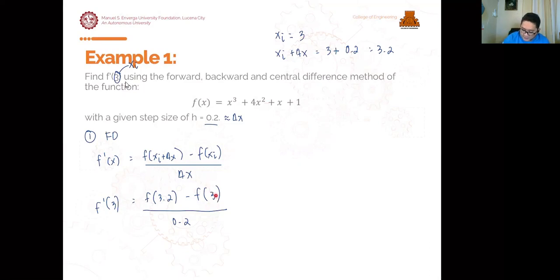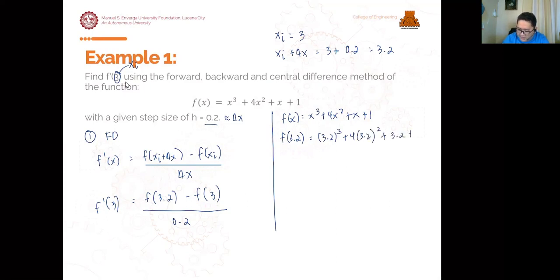Okay? So, f of x equals x cubed plus 4x squared plus x plus 1. Substituting 3.2, it equals 3.2 cubed plus 4 times 3.2 squared plus 3.2 plus 1.